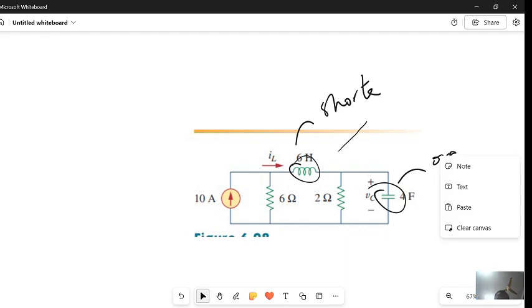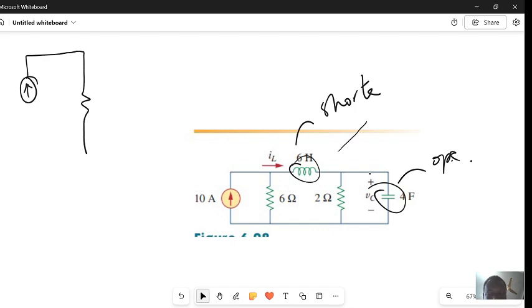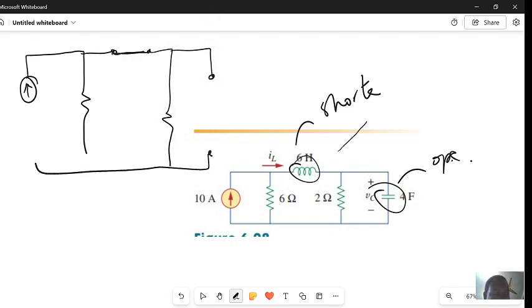We know, no need to repeat again. So our circuit is going to be like this. This resistor here is going to be shorted because it is an inductor. We'll have these two. This one is going to be open since it is a capacitor.